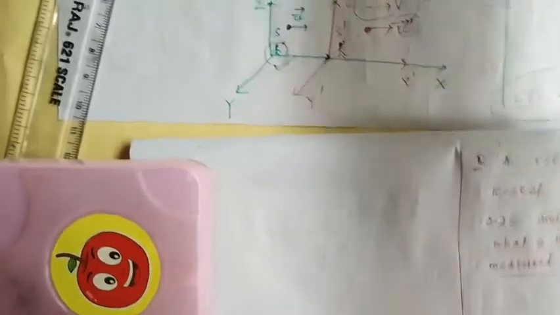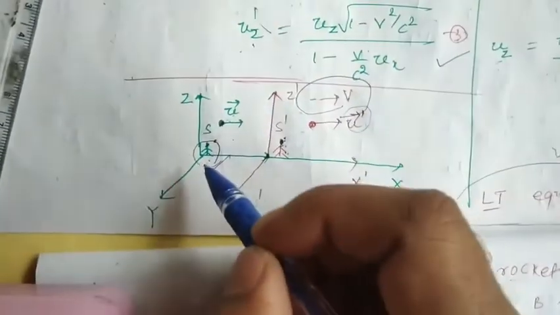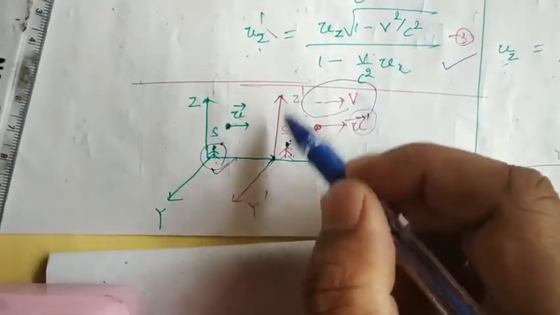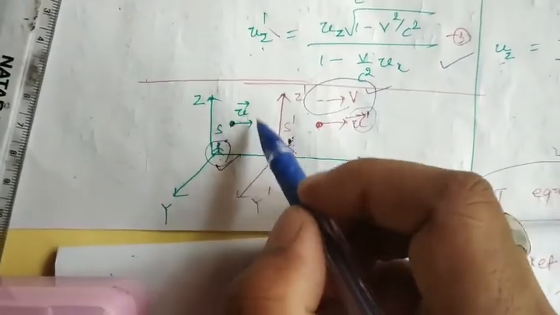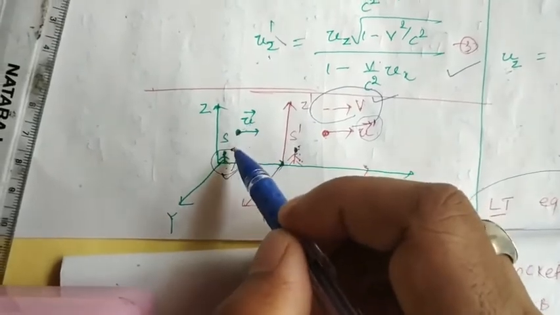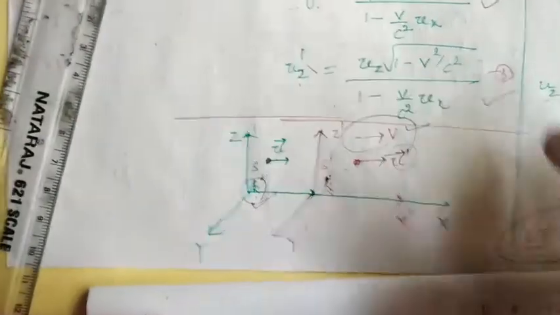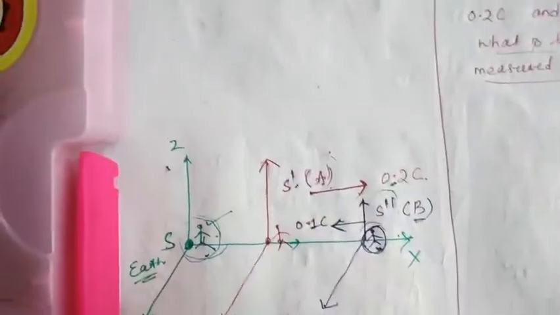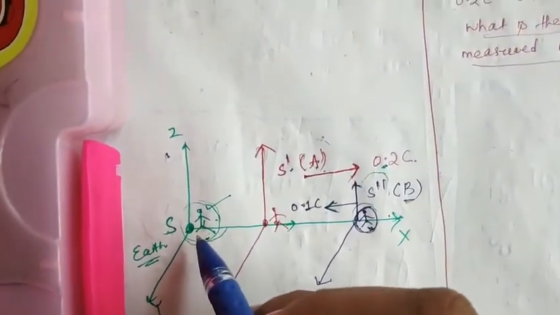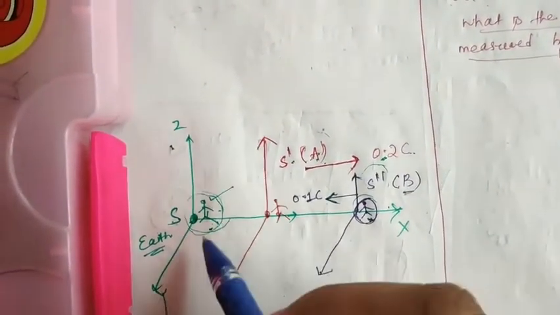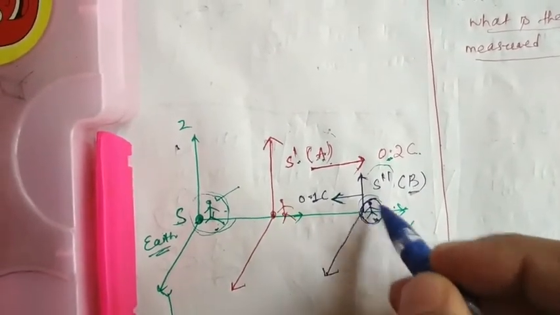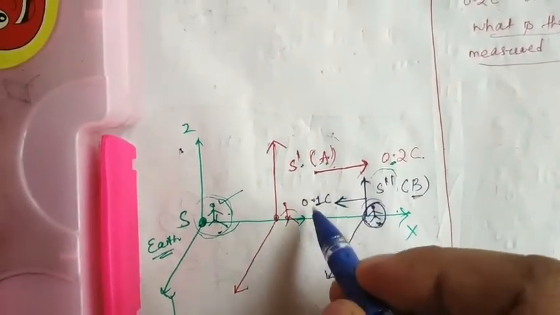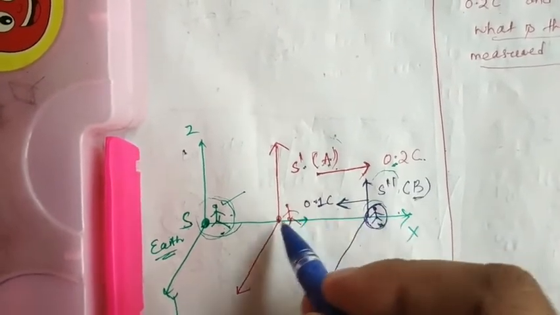Whenever we discussed relativistic velocity addition, one is the earth frame, one is the frame of reference S dash, which is moving with velocity v, and another particle is moving with velocity u in the S frame. Now you can see that in this case, this is the S frame, and with respect to S frame, this S double dash is moving with velocity 0.1 c towards this side.